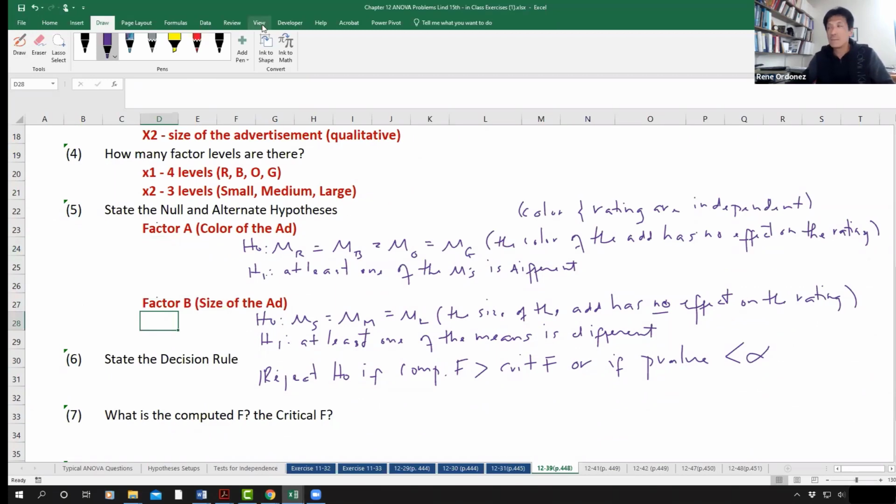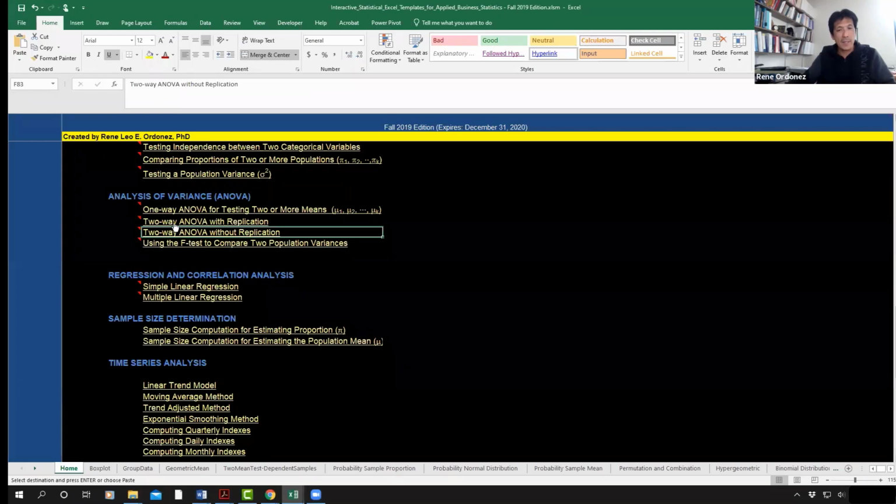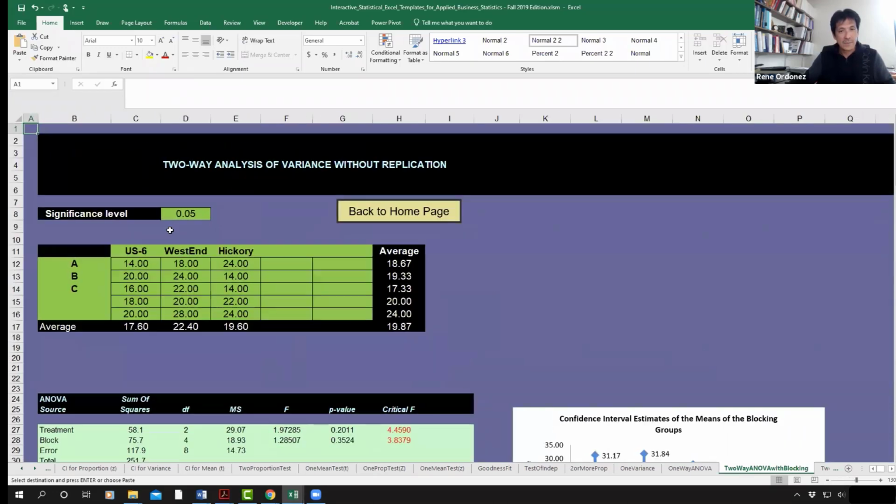So are we clear so far? Good? All right. So let me copy this data. And I'm going to move this away so I can copy them. All right, Control copy. And then let's go to the template where we will be using two-way ANOVA without replication. Select that. And here you go.